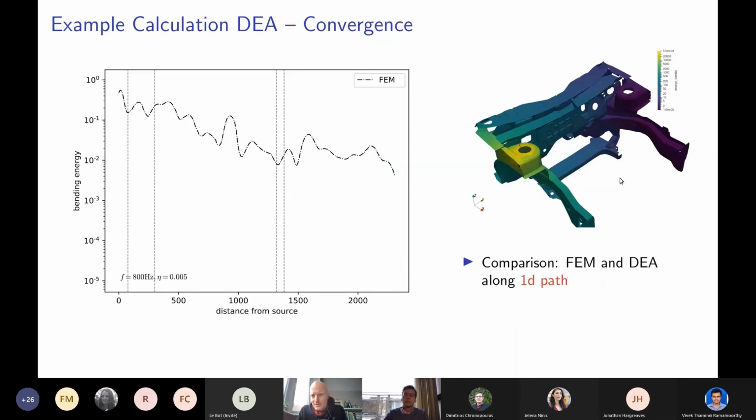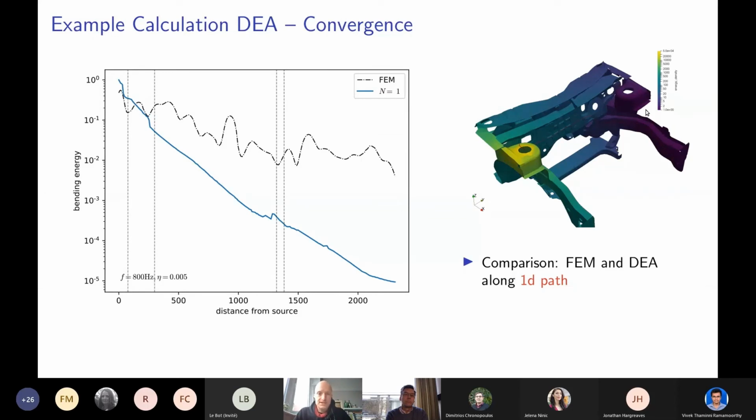So here again, on the right-hand side, our car part, and here the FEM data along this one-dimensional line, calculated for 800 Hertz, where the mesh was still valid, and a specific value of the structural damping. Now, if we choose the number of basis functions in the directionality basis to be the smallest, namely 1, this yields a highly underestimated amount of vibration reaching the other side of the structure.